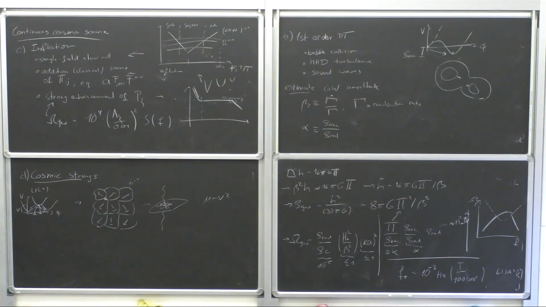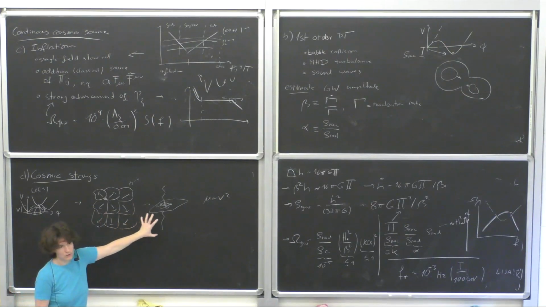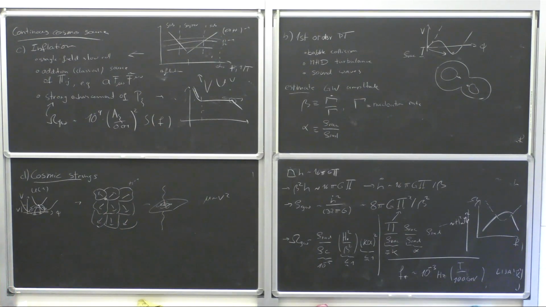Now I did it for the example of the U(1), but more generally this arises if you have any symmetry group which you break down to a subgroup, and then if the homotopy group of the quotient group is non-zero, this is what happens. Okay, let's forget the math. Basically any time your vacuum manifold is non-trivial, you can have this sort of formation of topological defects.